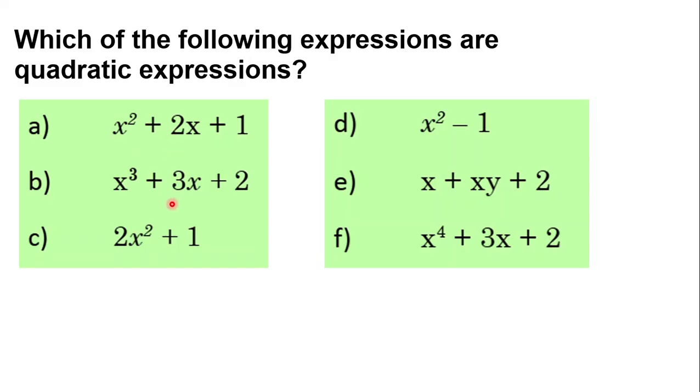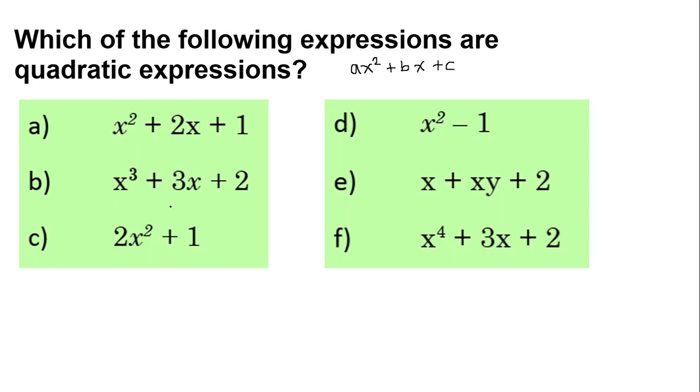So in other words, from this list, we have 3 expressions that qualify as quadratic expressions. So let's analyze each one of them. We mentioned that a quadratic expression must conform to the general expression ax squared plus bx plus c.